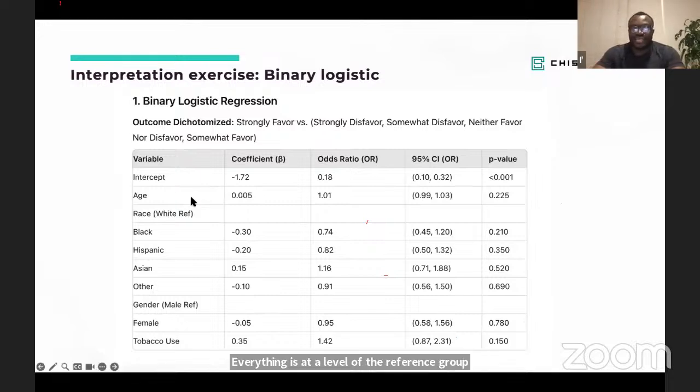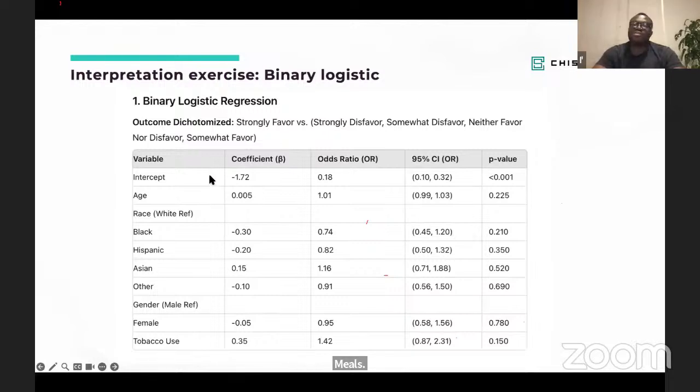In this case, the reference group for race is white, for gender is male, for tobacco use is never user, and for age, we are centering at the mean. So the question is, what are the odds of reporting favorability at mean age, among people who are white, male, and never tobacco users?